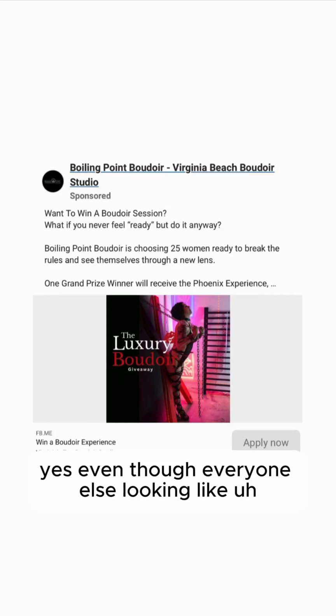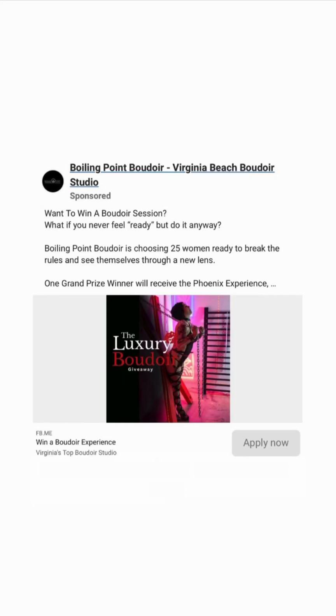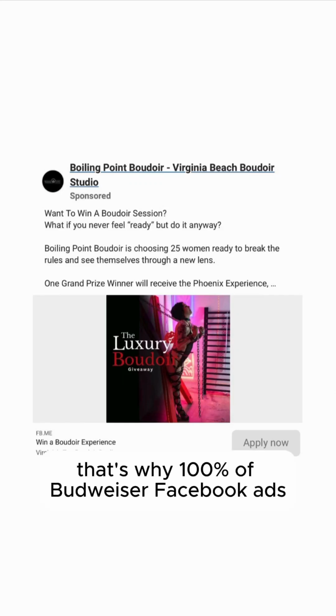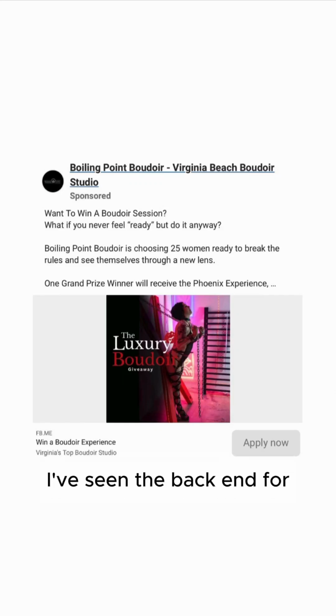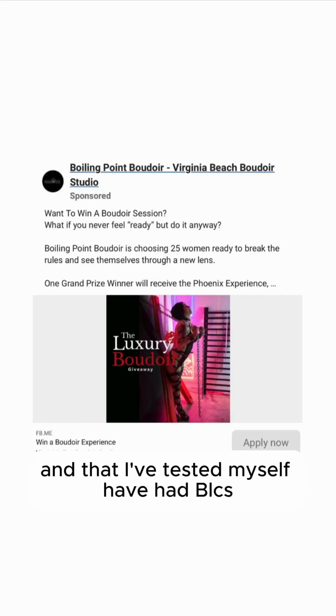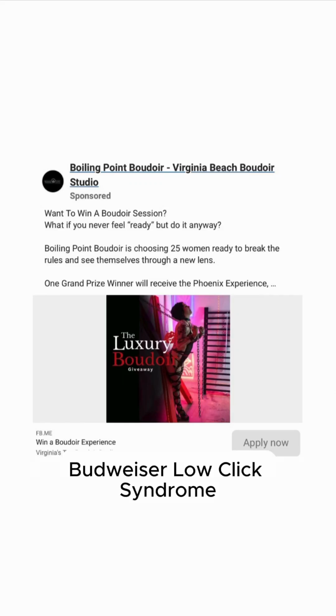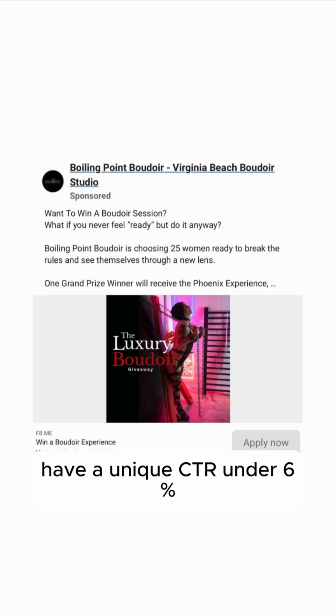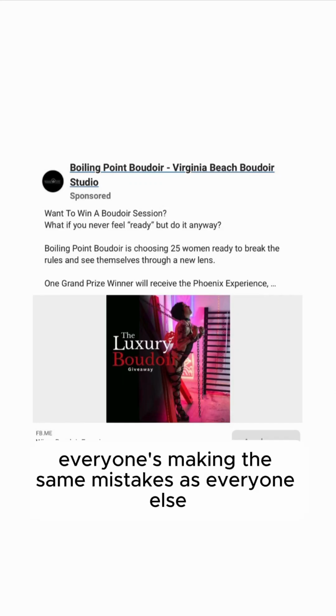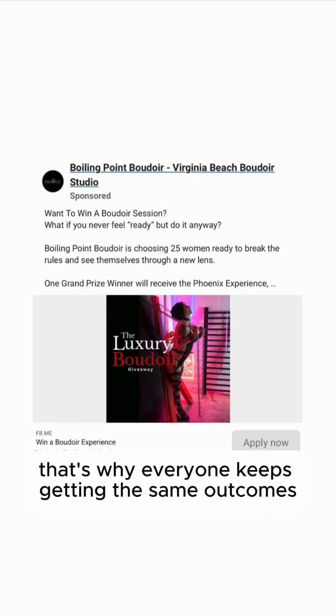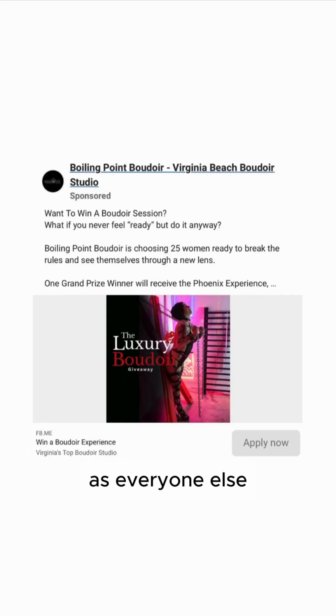Even though everyone else's boudoir Facebook ads look like that, 100% of the boudoir Facebook ads I've seen the back end for and that I've tested myself have had BLCS, boudoir low click syndrome, with a unique CTR all under 6%, because everyone's making the same mistakes as everyone else. That's why everyone keeps getting the same outcomes as everyone else.